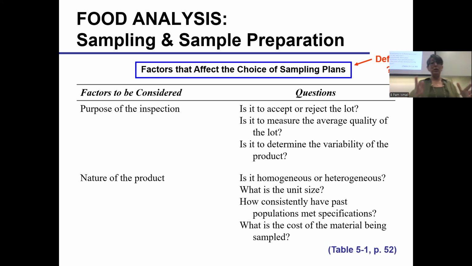So I would have to make the decision based on that to determine my sample size and how I'm going to take out representative samples. Am I looking at average quality? So am I looking at total fat content, or am I doing this to look at the nutrition label? If I'm doing this for the nutrition label, FDA and FSIS have specific rules for sampling, and I'll give you an example.